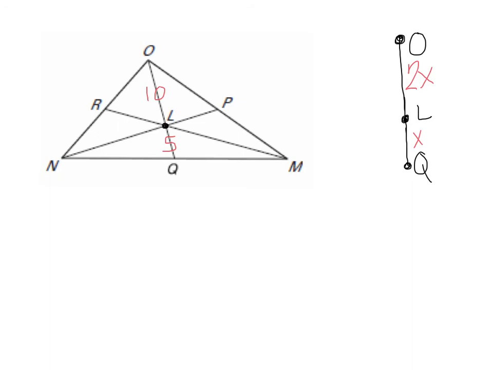If I give you that RL is 6, then you know the longer section of that median. See how this is one long median, RM. The little piece is half of the longer piece. So this one would be 12.